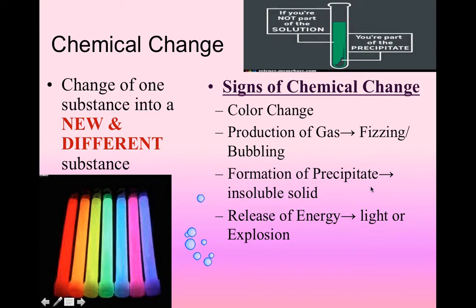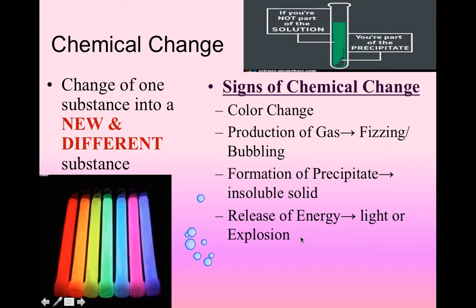Now, forming a precipitate. A precipitate is basically when I mix two things together, it forms a solid, and the solid will fall out. When you mix these two things together, you get a solid that forms at the bottom of the container. And also, a release of energy. Like here, we have these glow sticks.